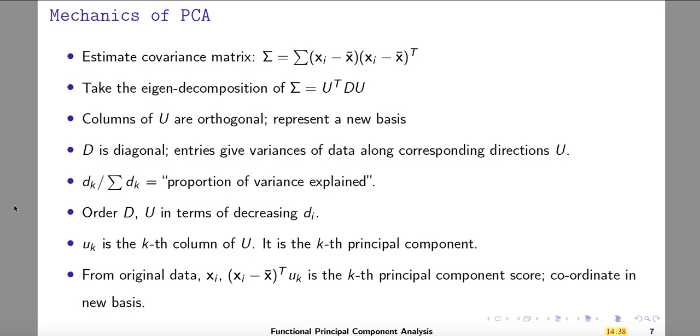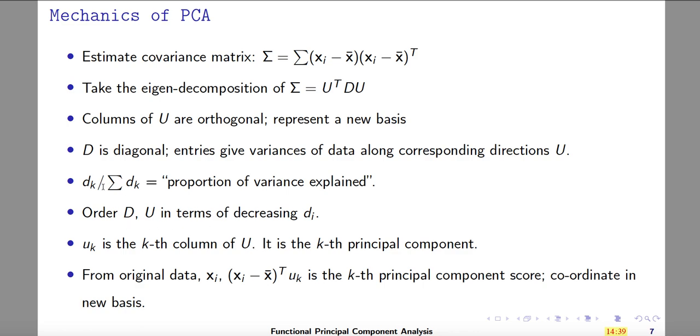We call this small d sub k, and you can calculate that d_k is actually equal to the variance of the PC scores. Therefore, we will order the d_k in decreasing order, and the k-th column of U will be u_k, which is the k-th principal component.